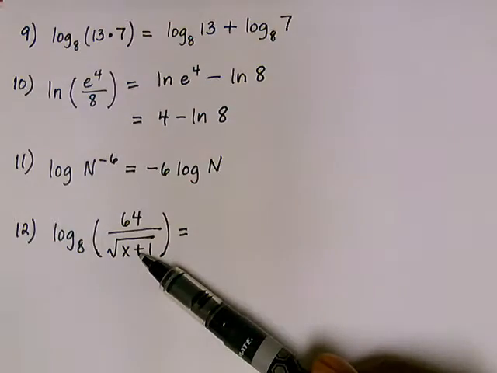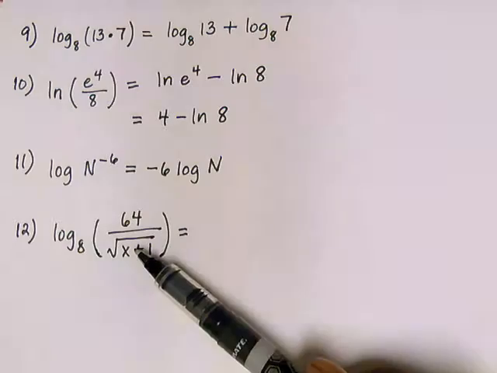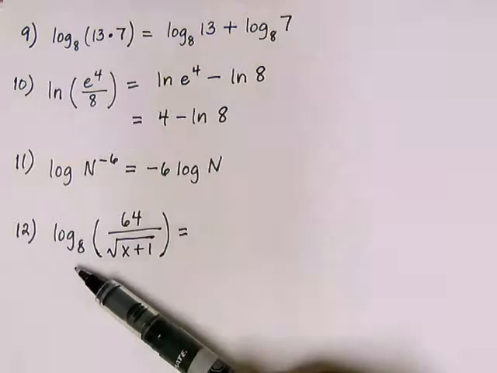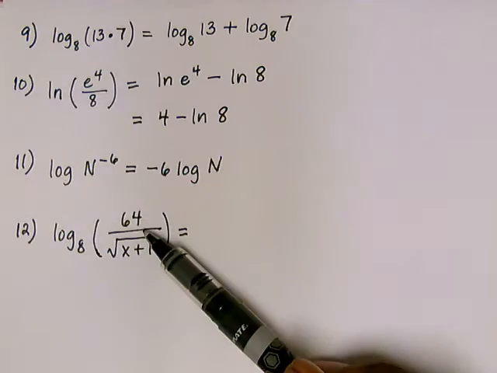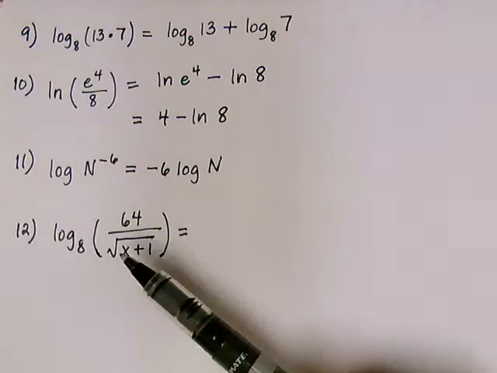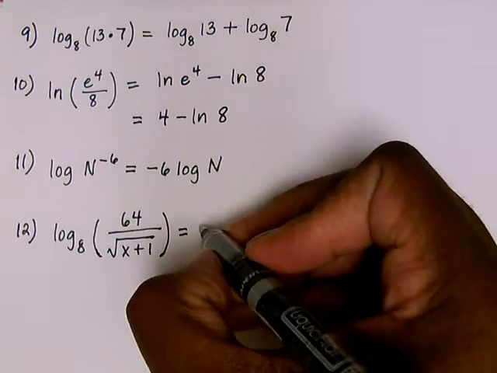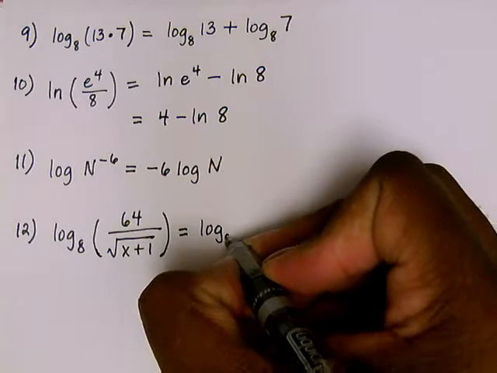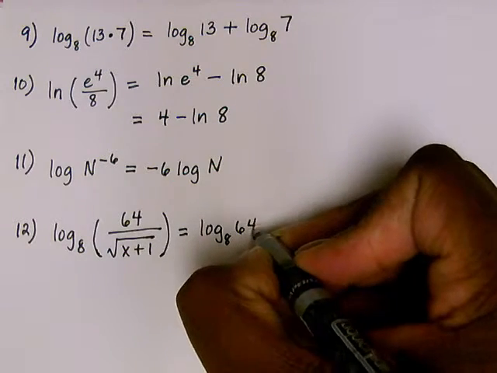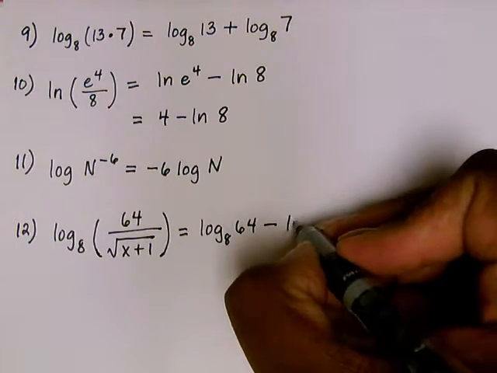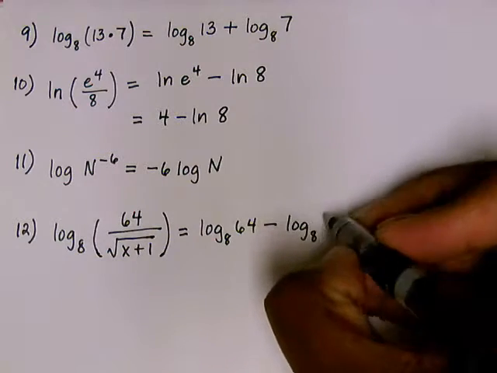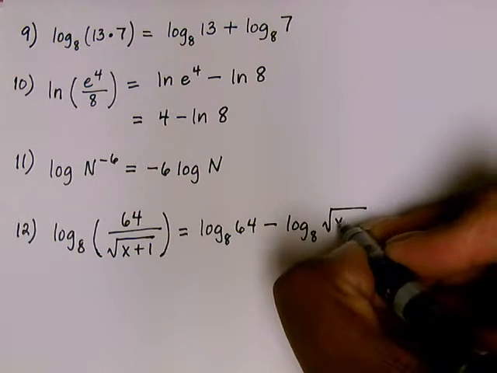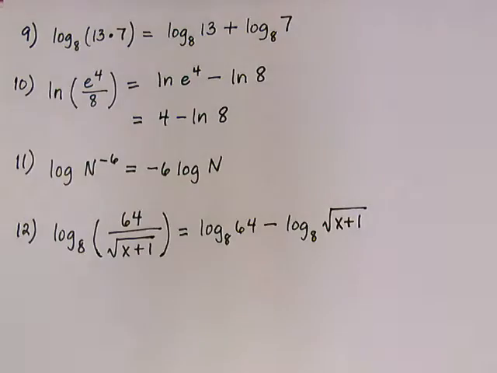So let's apply the quotient rule by expanding this as the difference of their logarithms. So log to the base 8 of 64 over the square root of x plus 1 will be this. Log to the base 8 of your numerator, that's 64, minus log to the base 8 of the denominator, that's the square root of x plus 1.